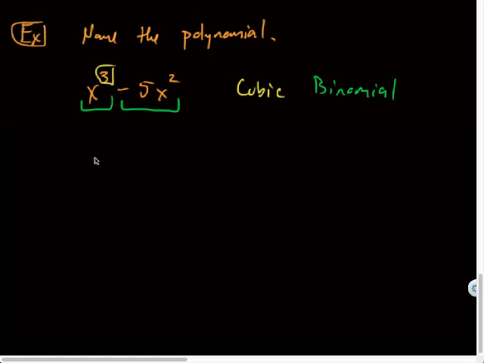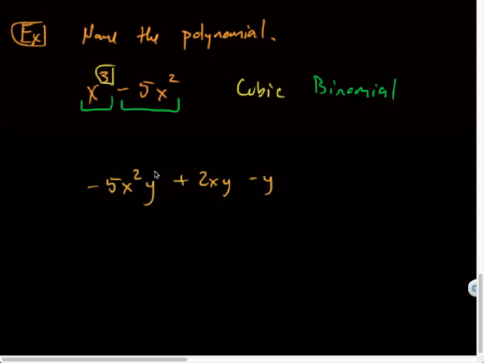Well done. How about this? What if I've got a negative 5x squared y plus 2xy and then minus y? That's good. All right. So what's the degree here?